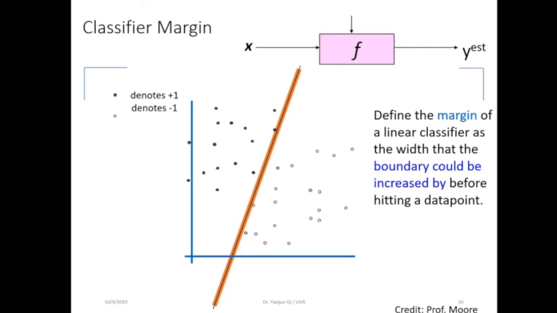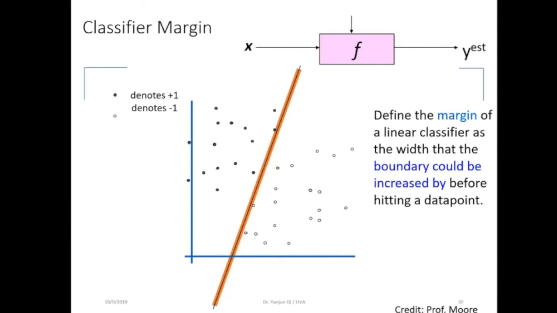The wideness is defined as something called margin. The margin of a linear classifier is the width that the boundary could be increased by before hitting a data point in your training data. This is the definition of margin.